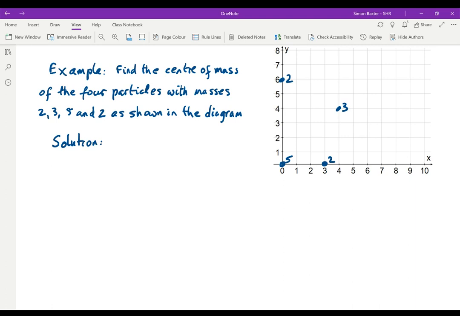We're going to use the idea that our center of mass is equal to sigma mi r vector divided by sigma mi. That gives us that on the top line we have a mass of 5 times the vector 0, 0. That's this one here. Then we've got 2 times 3, 0, 3 times 4, 4, and 2 times 0, 6.